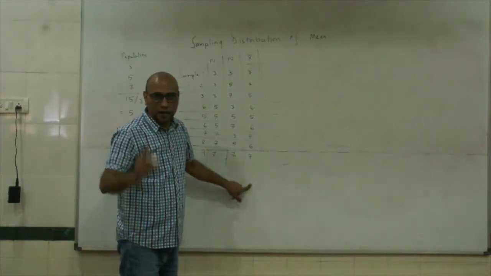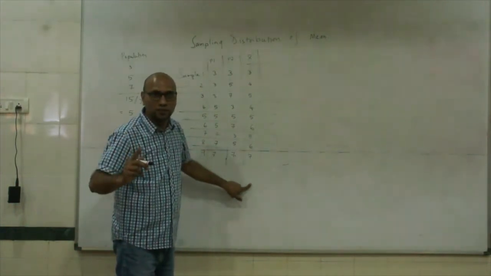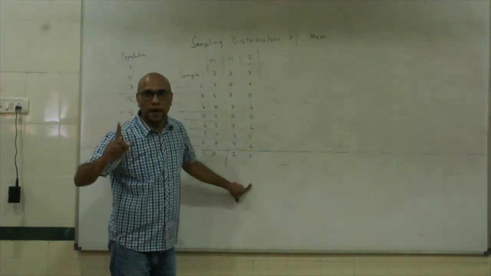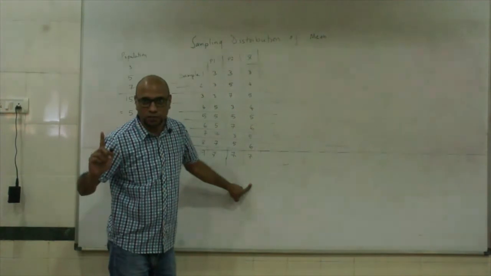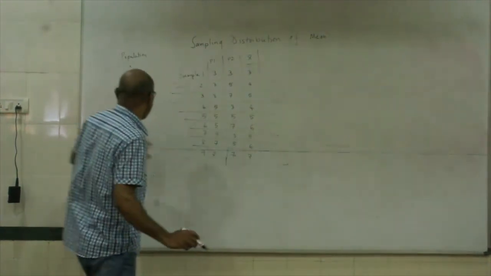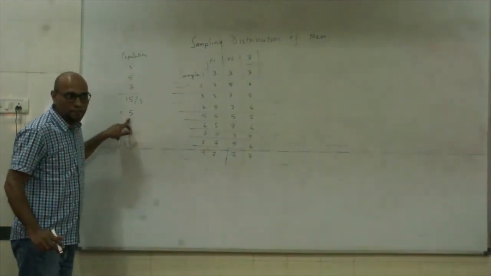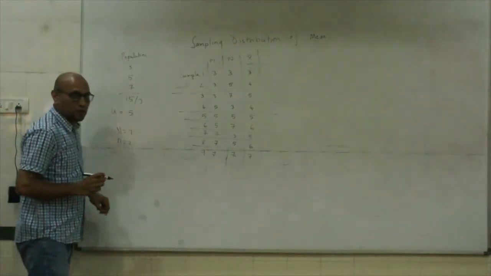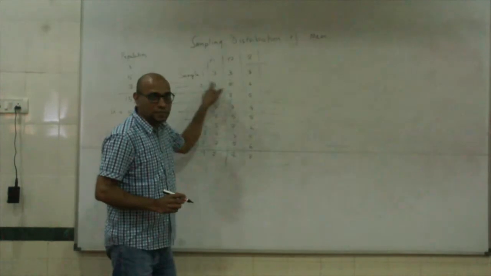Right? My theorem says that the sample mean is an unbiased estimator of a population mean. So, population mean is 5. This is mu. Okay? These are my sample means.